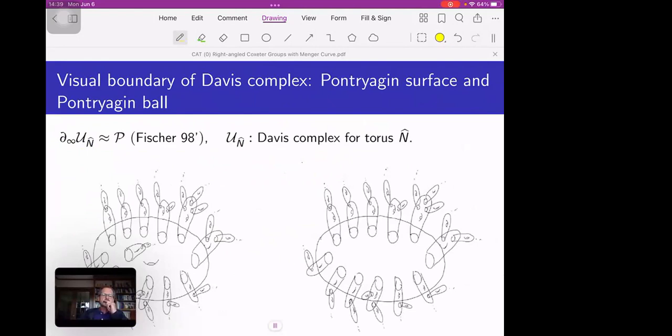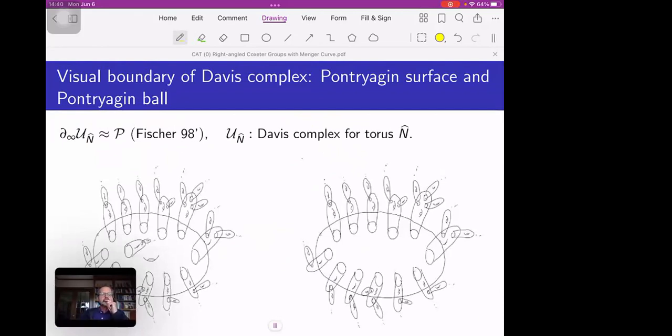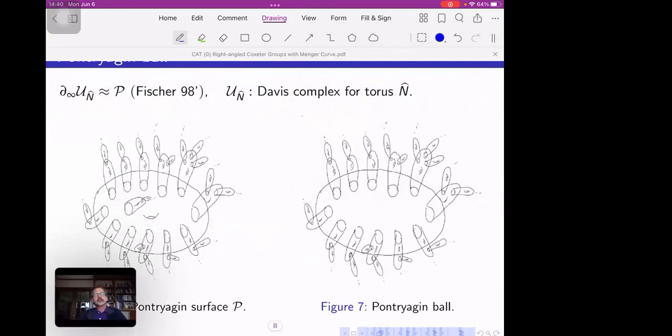So after we talk about the construction of a Davis complex, we want to explain what the visual boundary looks like. And one of the concepts is the Pontryagin surface. We can construct a Pontryagin surface starting from a torus. You remove a lot of balls from the torus, and you glue a lot of tori for each circle.